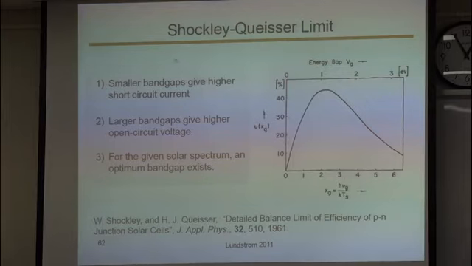So these people try to identify the band gap which allowed the cell to have the maximum efficiency, and they could find the maximum efficiency can be obtained at 1.34 electron volt of the band gap.